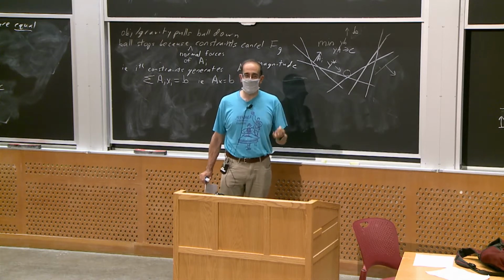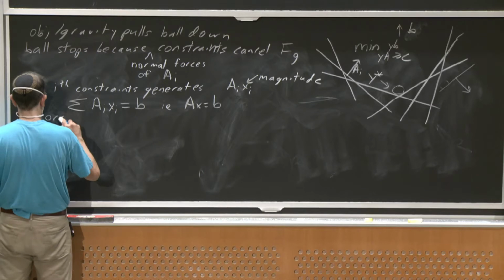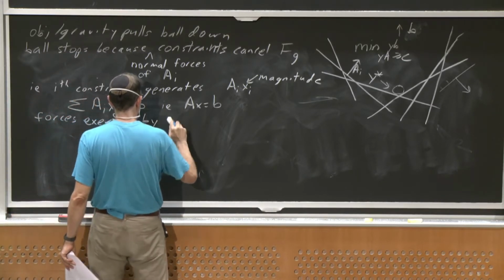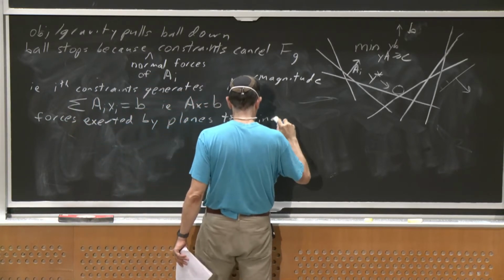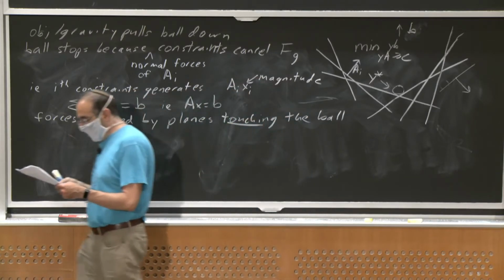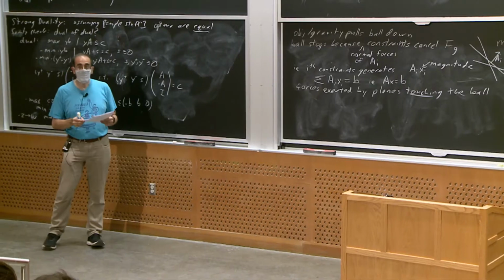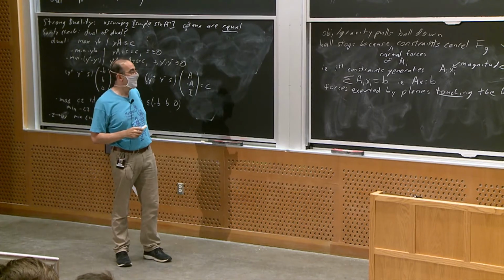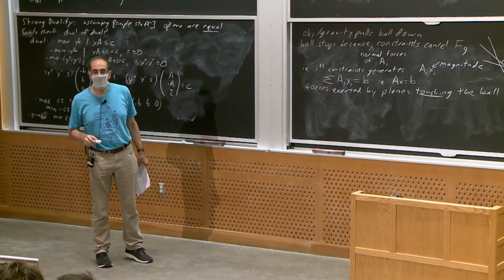We're not doing magnetism here. These are wooden, right? Now, how can we turn that into math? Constraints are tight. These are the tight constraints, right?